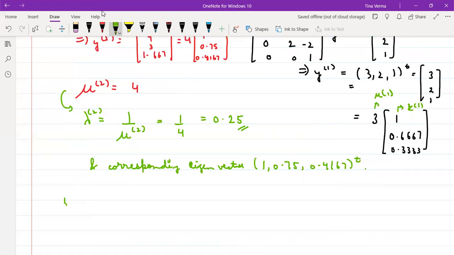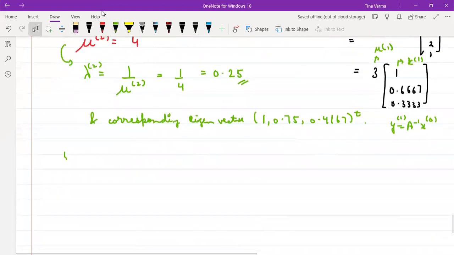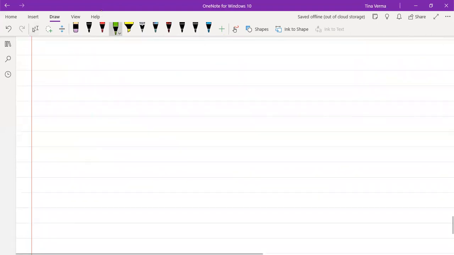If it is not given to you to proceed without calculating the inverse, you can just take y equal to A inverse x, perform the iterations, take the maximum element out, and then perform the second iteration. Proceed like this and you will get your answer.